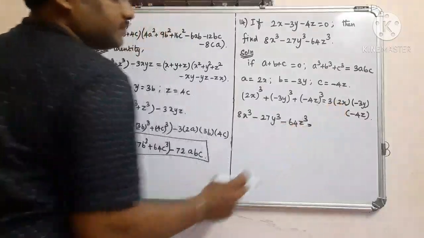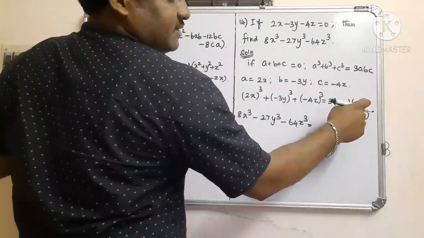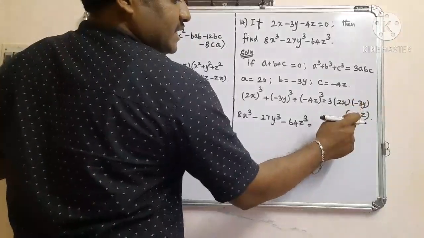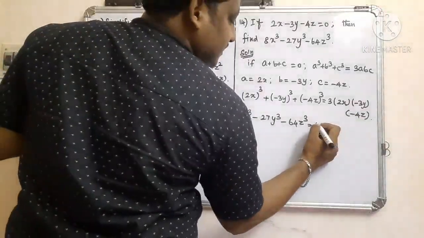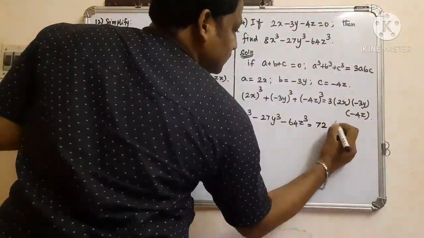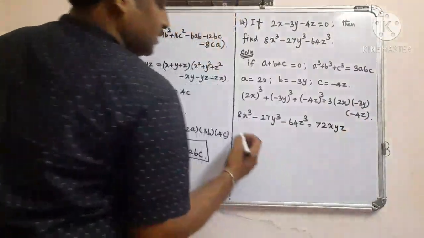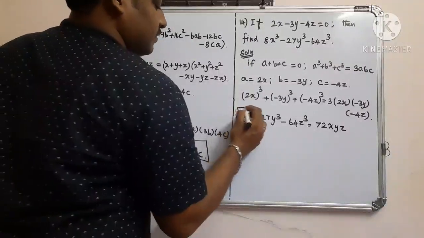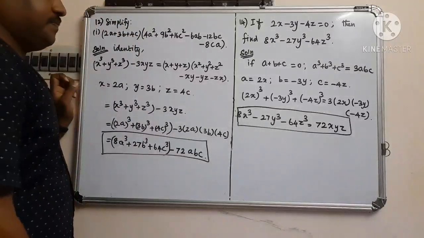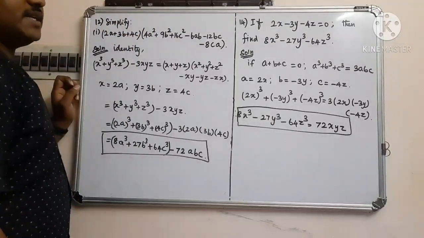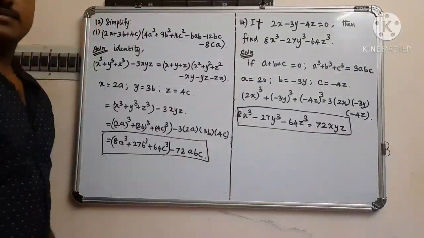Which is equal to 3 2s are 6, 6 into minus 3 is minus 18, minus 18 into minus 4, minus into minus is plus, 18 into 4 is 72xyz. So the value of 8x cube minus 27y cube minus 64z cube is equal to 72xyz. Understood?